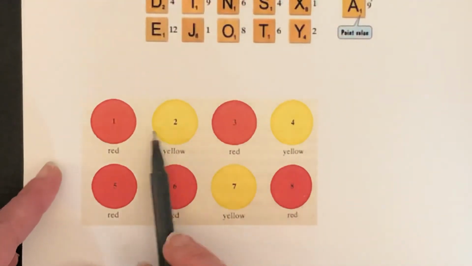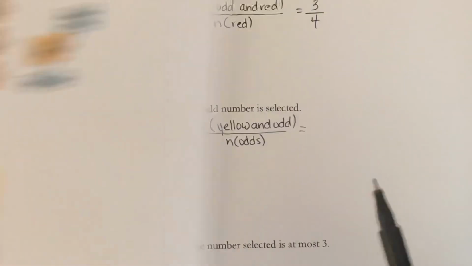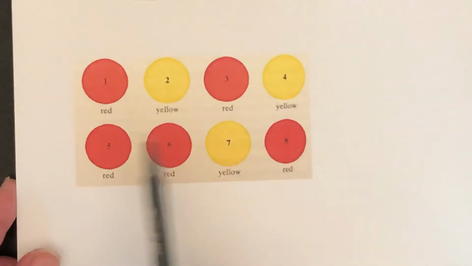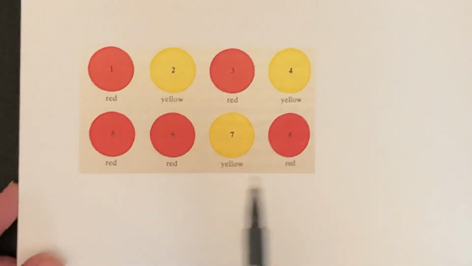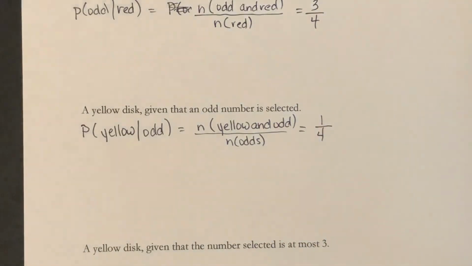Yellow and odd, well that's 7, so there's only one yellow odd number. How many odd numbers do we have? 1, 2, 3, 4. So that probability is 1/4.